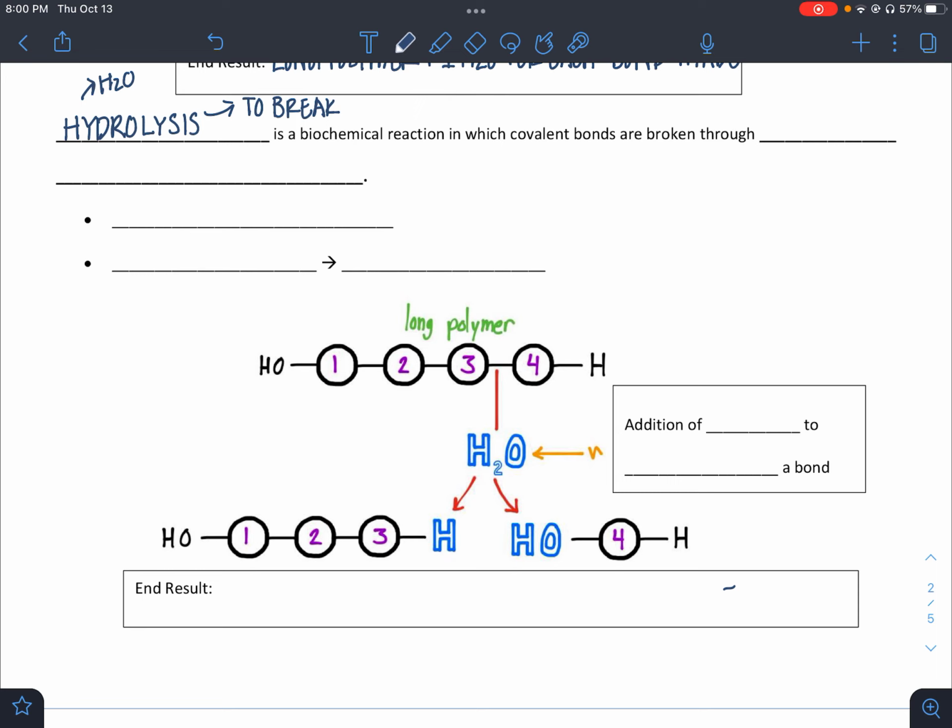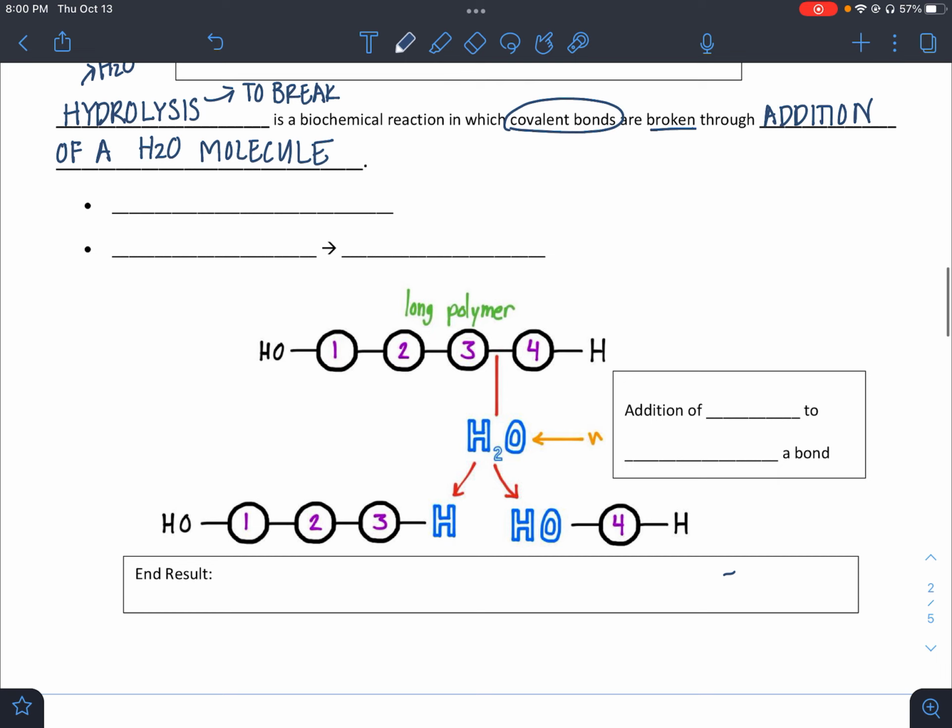In this reaction, we are breaking covalent bonds through the addition of a water molecule. Okay, so we add the water to break the bond. We remove the water to make the bond, right?